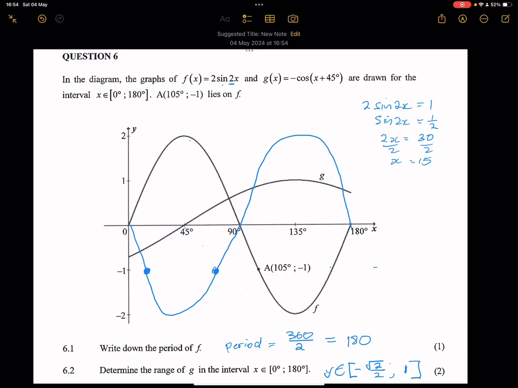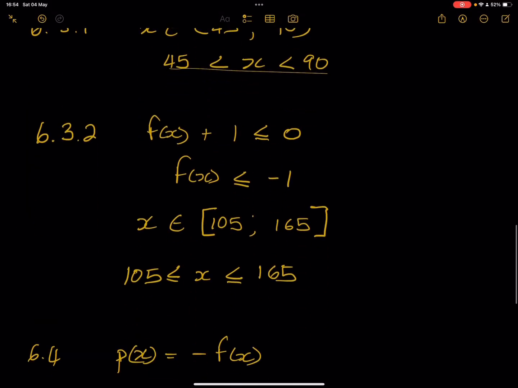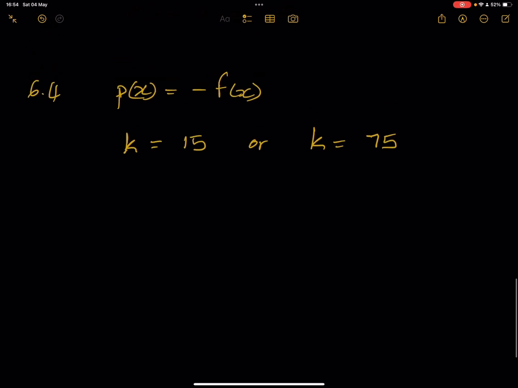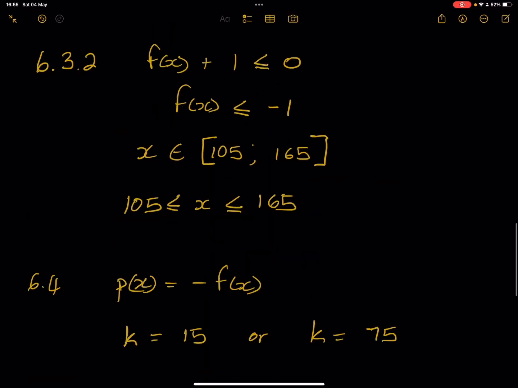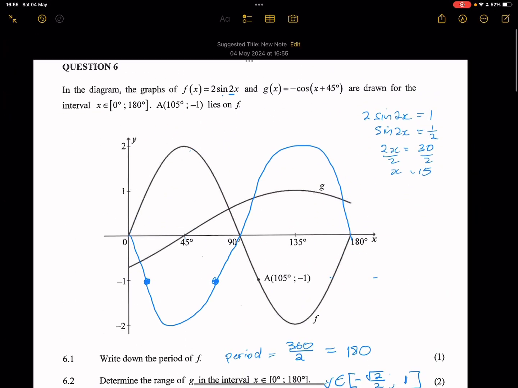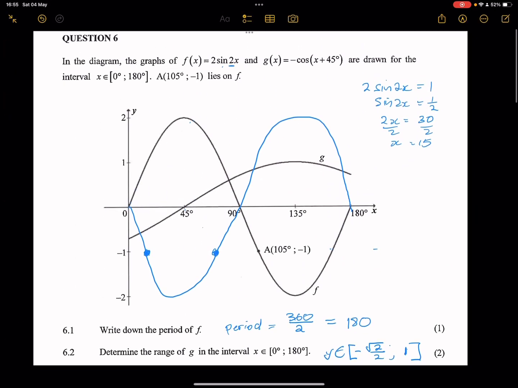Now remember, they're saying H of x would be G of x. When I shift to the left, I add 45. Now remember, what is the equation for G? G is given as minus the cos of x, plus 45.